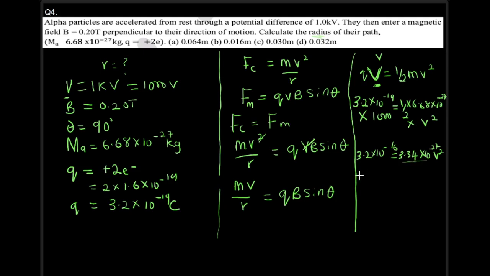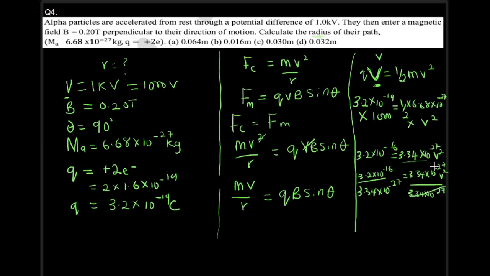We're going to have 3.2 times 10 to the power of minus 16 divided by 3.34 times 10 raised to the power of minus 27 equals 3.34 times 10 raised to the power of minus 27 v squared all over 3.34 times 10 to the power of minus 27.